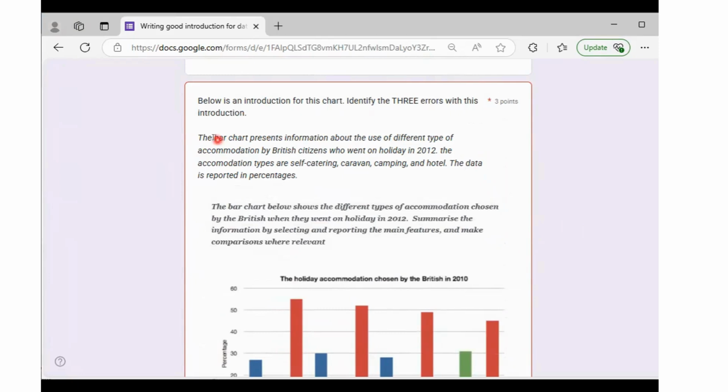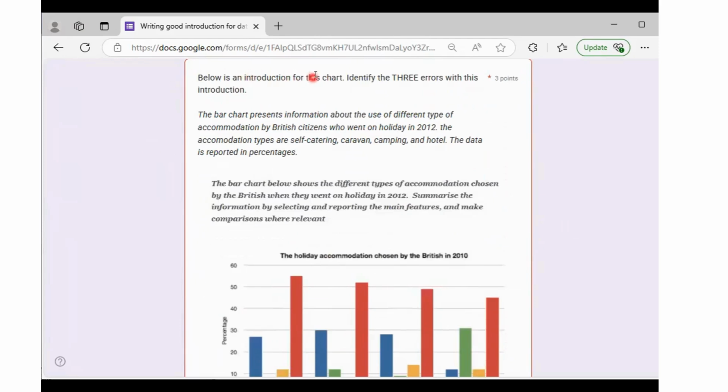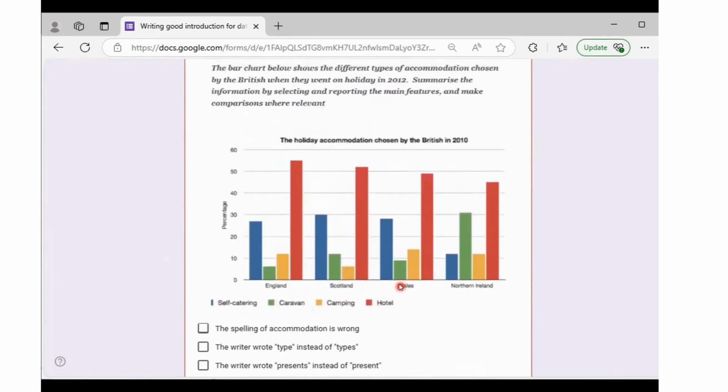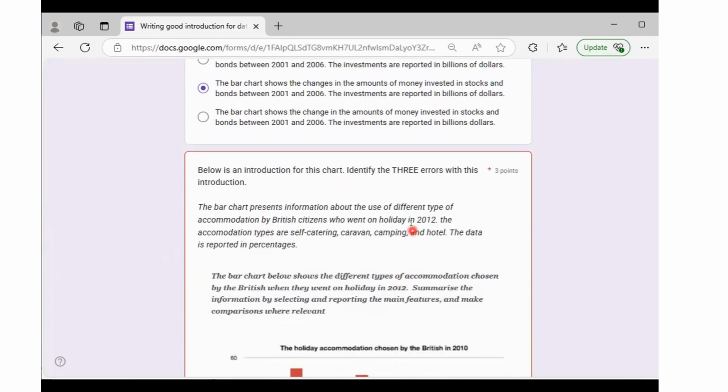Okay, so let's look at this carefully. This next question. Below is an introduction for this chart. Identify 3 errors. So there are 3 mistakes with this introduction. The bar chart presents information about the use of different type. It should be types. Look at it. So types. That should be an error. Types of accommodation by British citizens who went on holiday in 2012. This is another error.